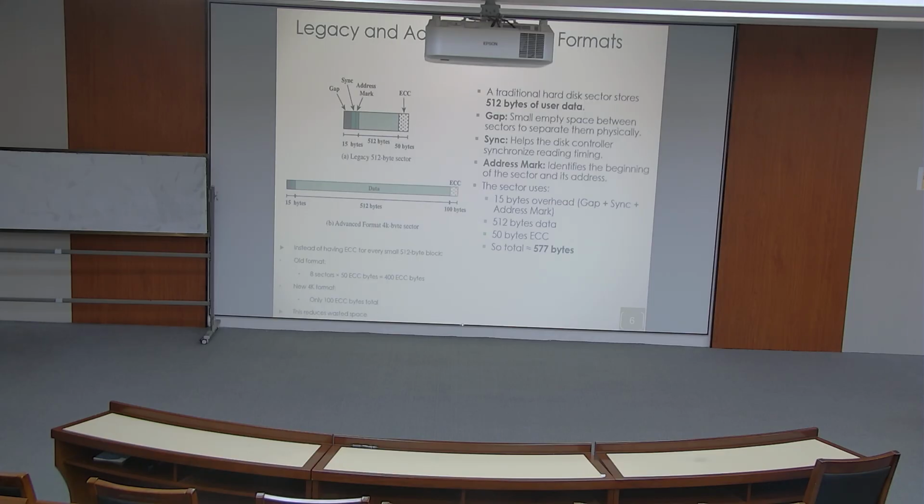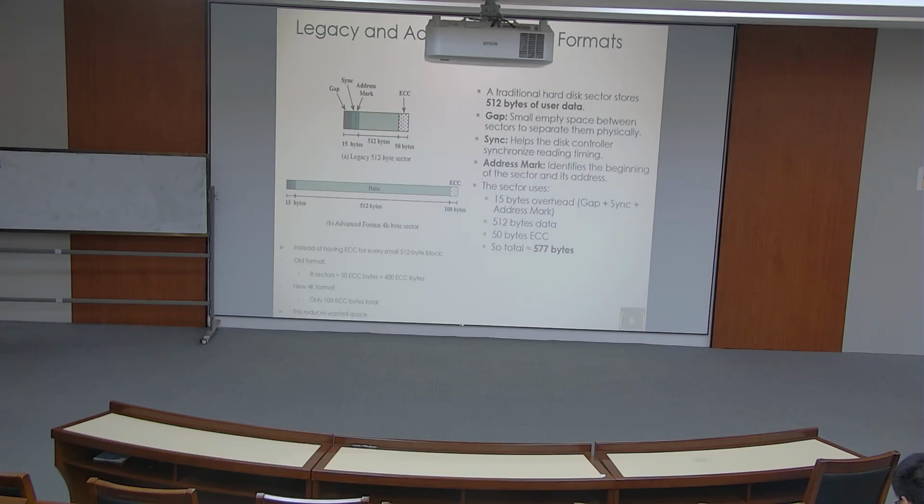We have 512 bytes, and they are for user data. Then we have 15 bytes, and these 15 bytes are for overhead. They need to contain the gap, the sync, and the address mark. We call them the overhead field, overhead storage.